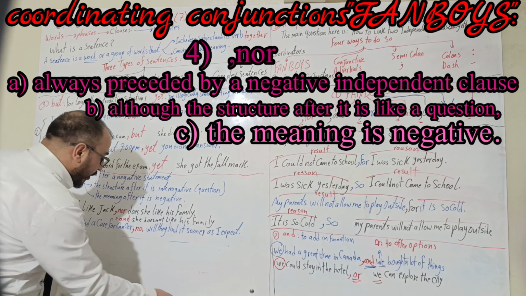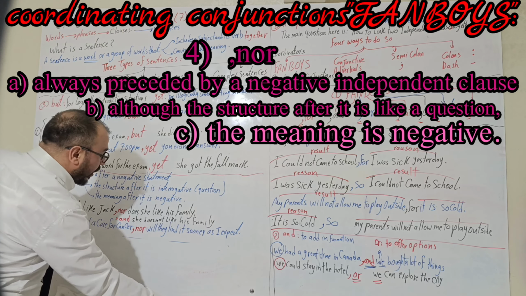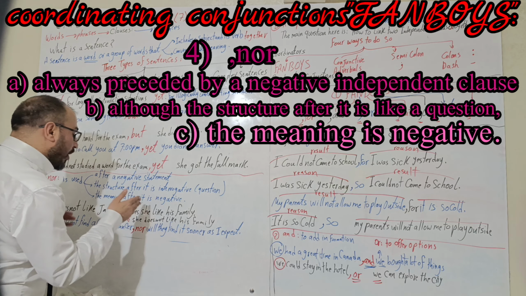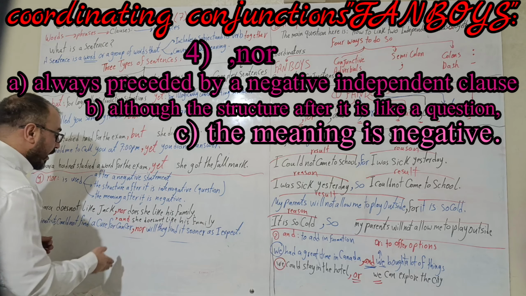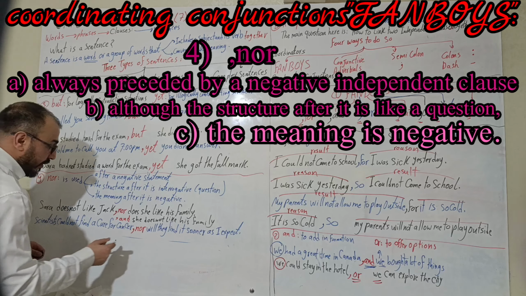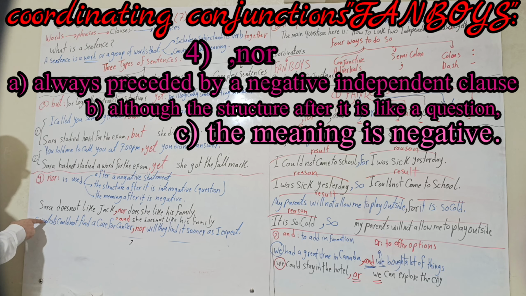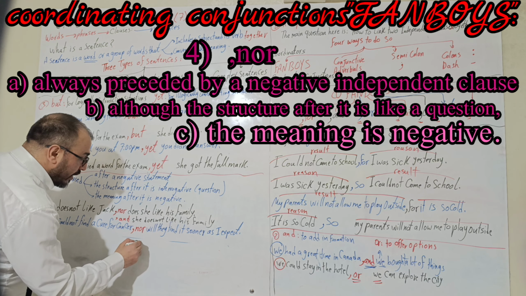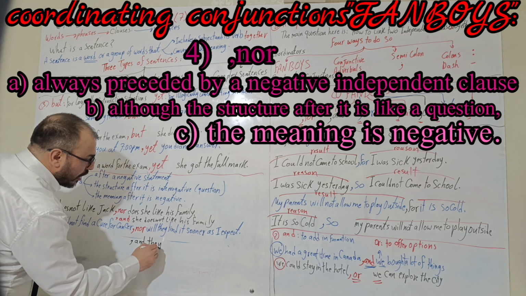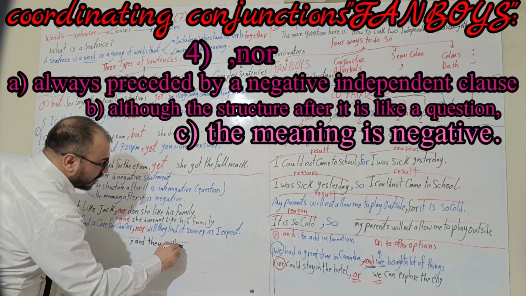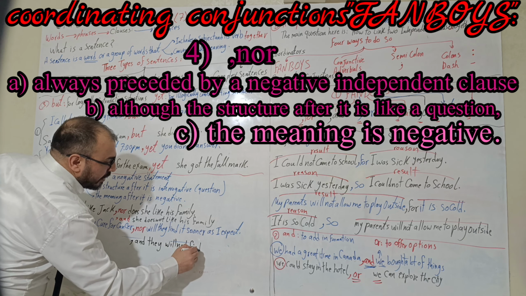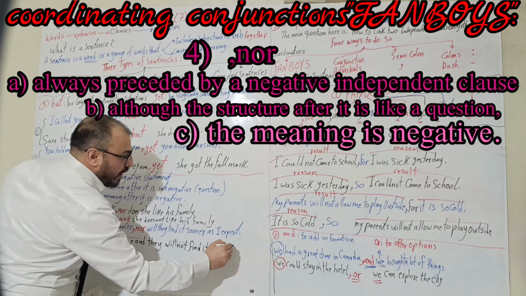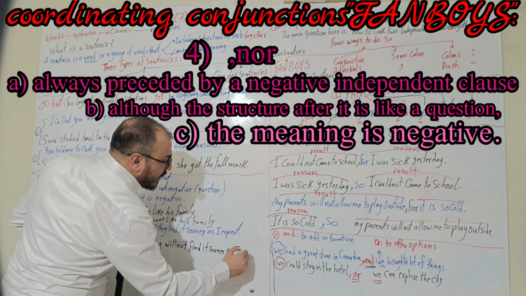But as long as you are using nor here, my friends, you have to understand that although the structure is a question, the meaning refers to negative. And here before it is negative, I say scientists couldn't find a cure for cancer, and they will not find it sooner as I expect.